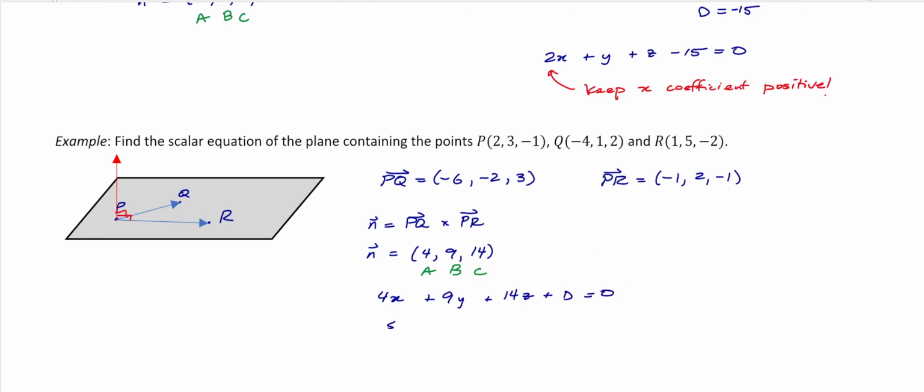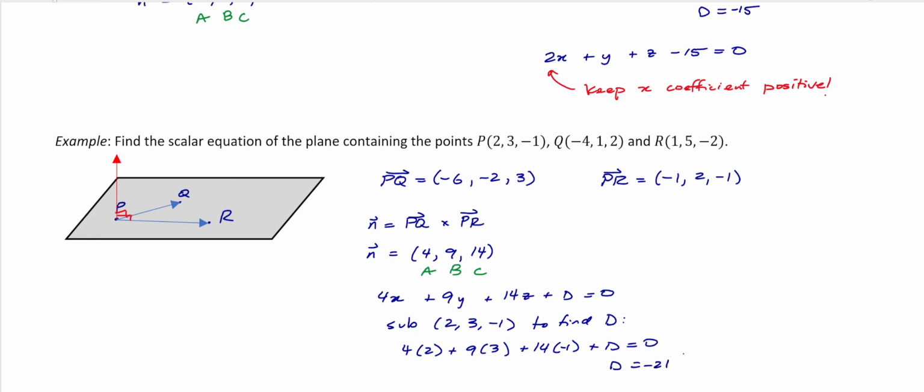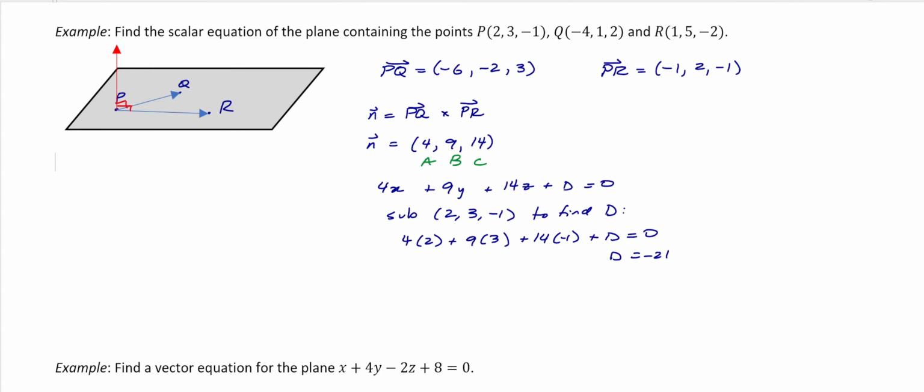I'm going to sub in a point, 2, 3, -1 to find d. 4 times 2 plus 9 times 3 plus 14 times -1 plus d is equal to 0, and therefore d is equal to -21. And now I have the scalar equation of the plane, that being 4x plus 9y plus 14z minus 21 is equal to 0. And I got that from 3 points on the plane.